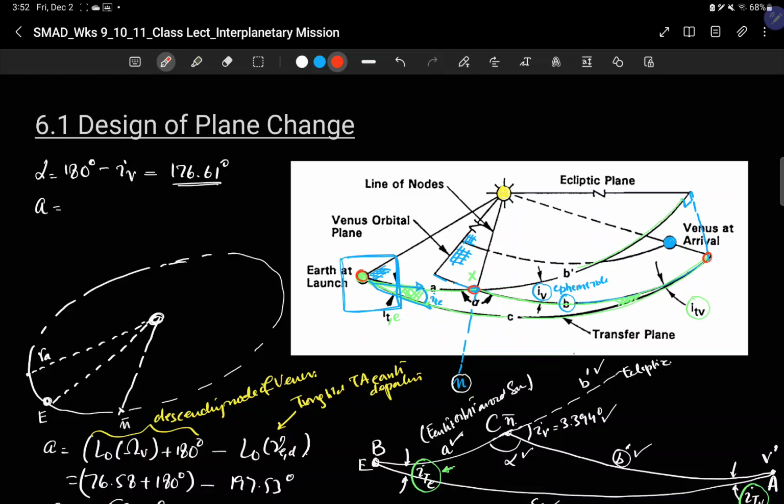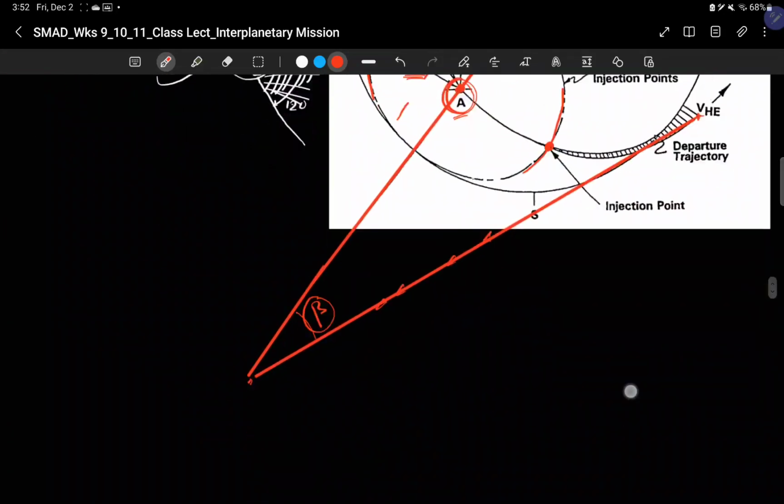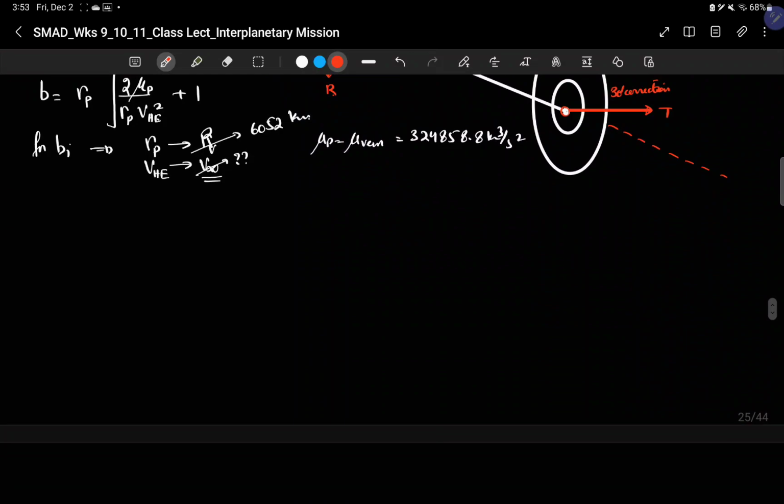This triangle was solved last time, so we are going to use the same triangle because it has the departure inclination at one end and the arrival inclination at the other end. We can very conveniently use that. On the arrival end, we have, for example, this spacecraft coming in, and we also have the planetary orbit. This was the rightmost corner, the arrival corner, isn't it? This is the center of the planet, for example.